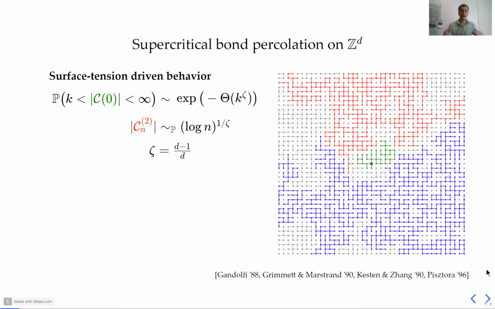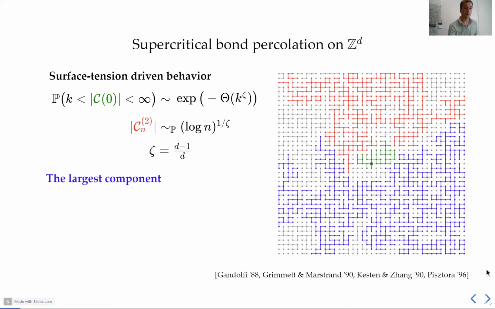Because if all the edges crossing this boundary, the outer boundary of a cluster, are absent, then that's the best way to make clusters small. So we see stretched exponential decay of the cluster being in a component bigger than k. The second largest component is polylogarithmic with exponent 1 over this zeta.